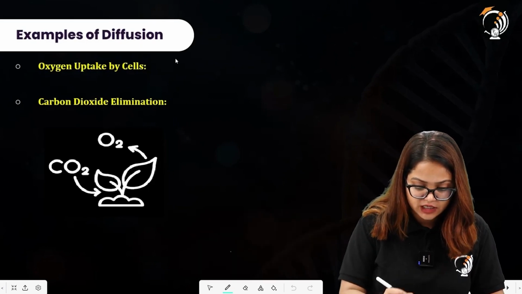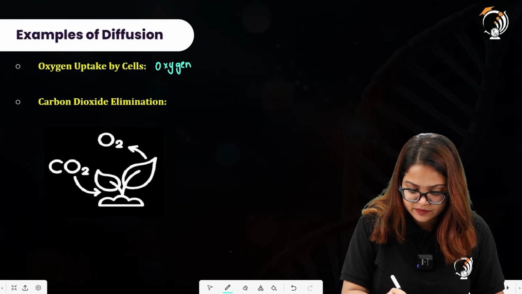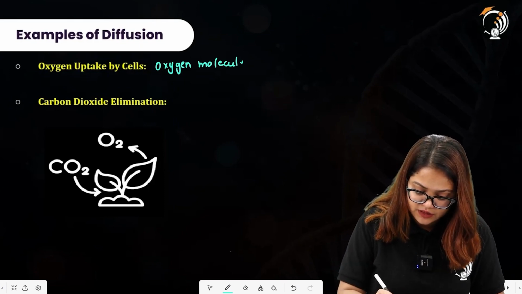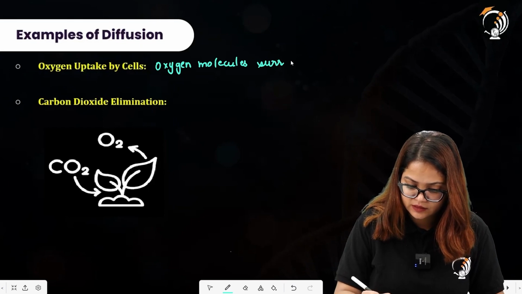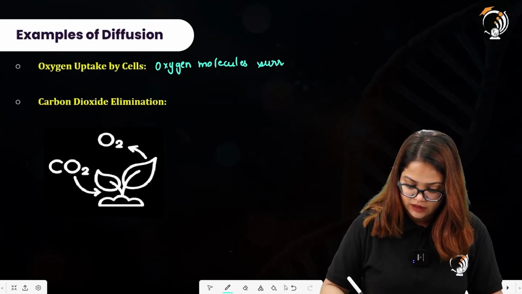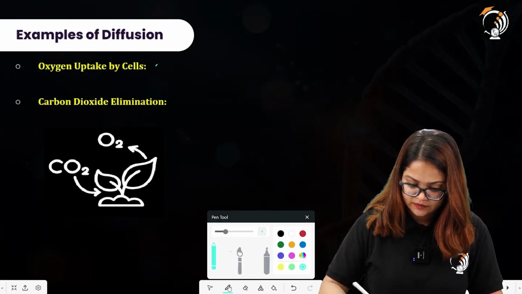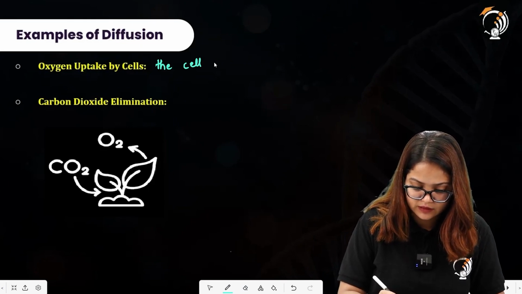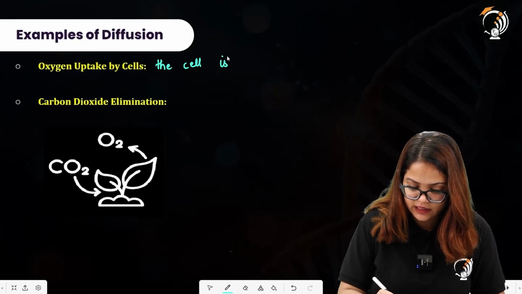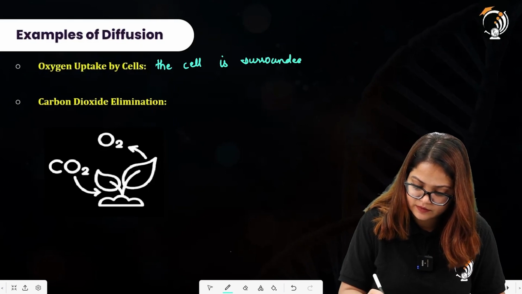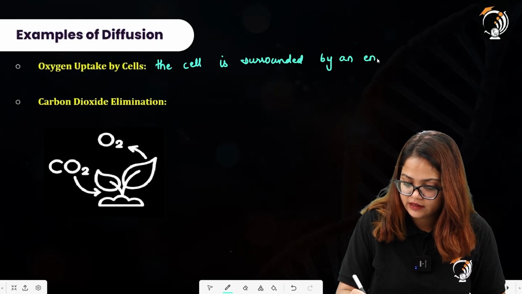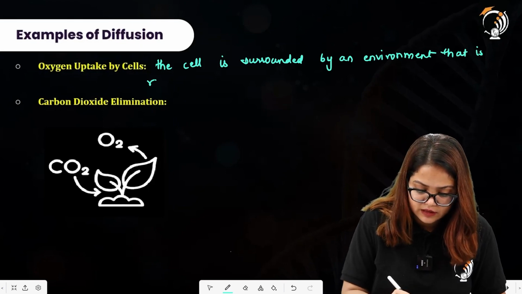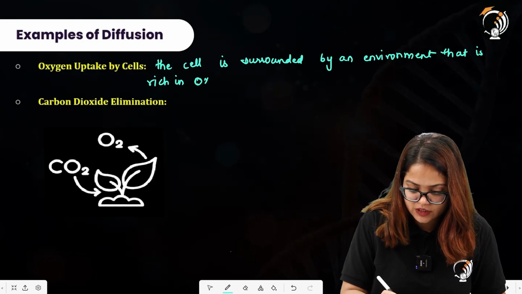And how does this happen? So oxygen molecules, or you can also say the cell is surrounded by an environment that is rich in oxygen molecules.